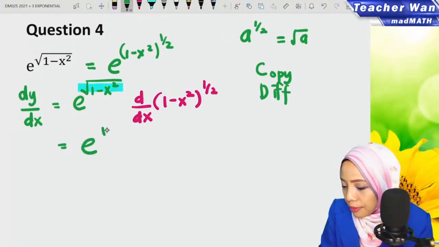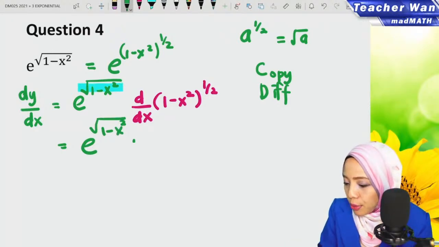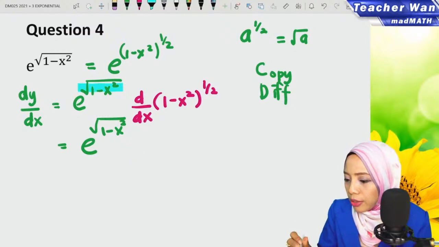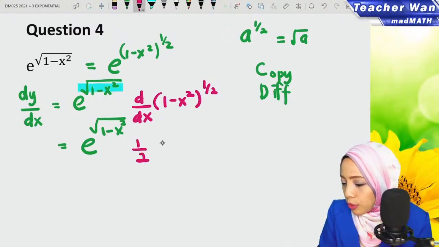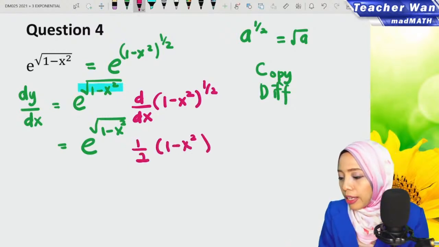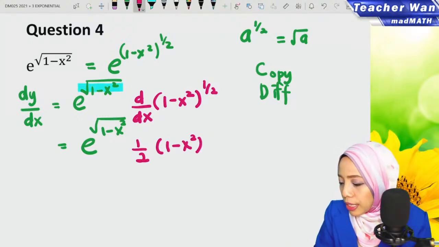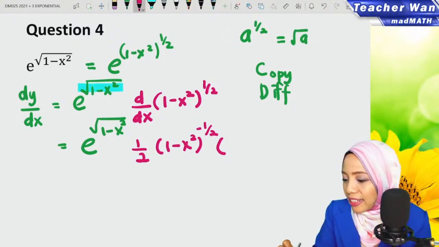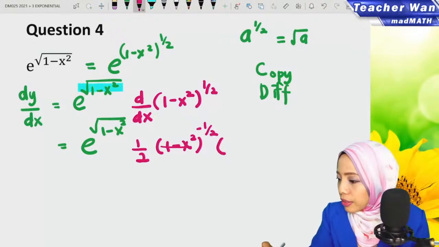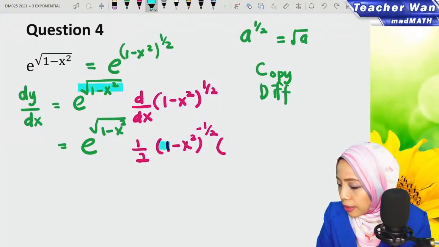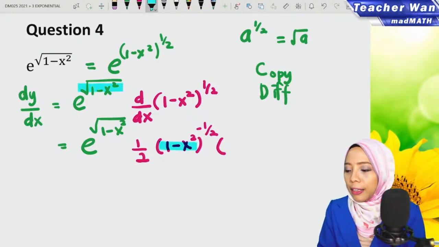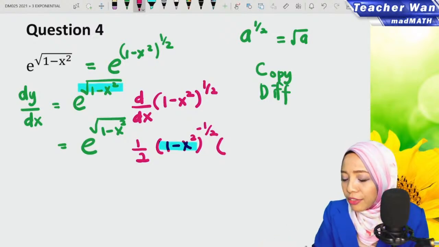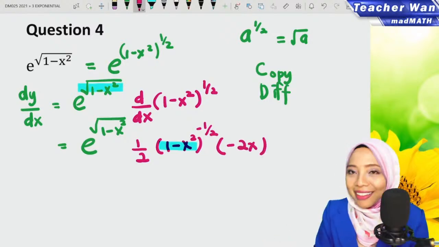Okay, copy e to the power of square root of 1 minus x squared. And now we are going to differentiate this. So 1 over 2, 1 minus x squared to the power of 1 over 2 minus 1, so negative 1 over 2, multiply with the differentiation of the function. The differentiation of the function is negative 2x.